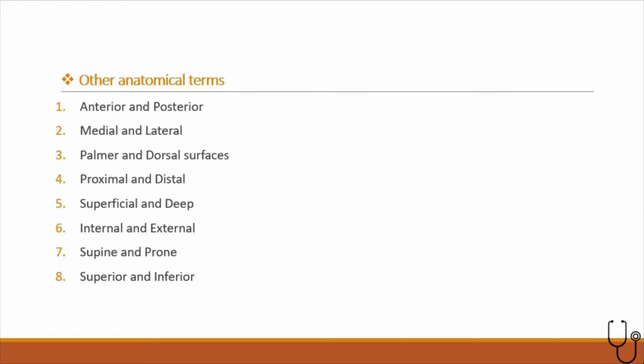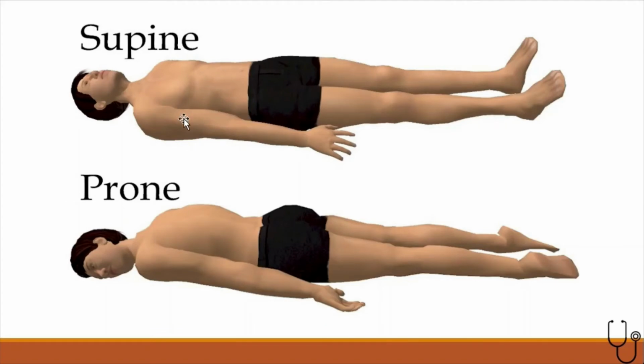Okay. Then the next one is supine and prone. Supine means lying on the back. In this picture you can see this is the supine position and this is the prone position. Supine means lying on the back and prone means lying face downward.